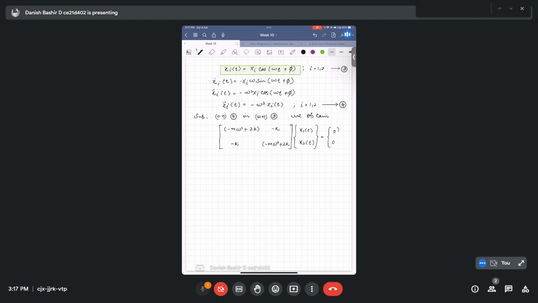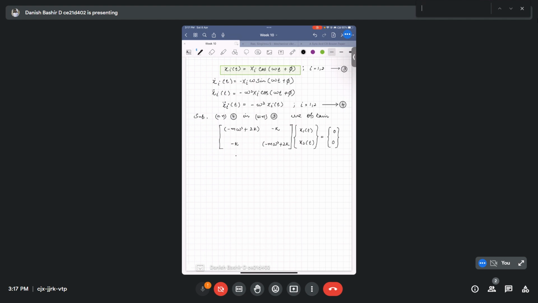To have a non-trivial solution, the determinant of this left hand side matrix should be equal to 0. That is just the eigenvalue problem that we have.